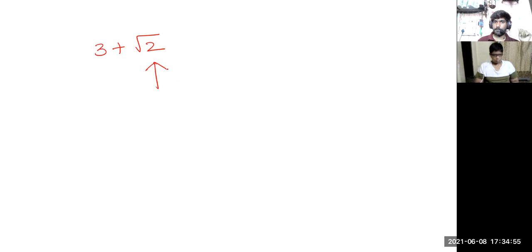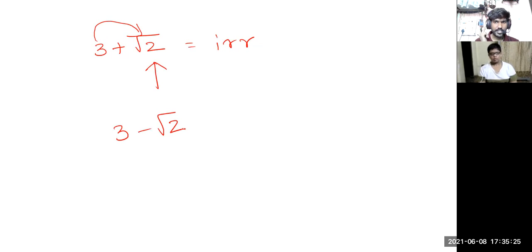Now, if you add any number to an irrational number, it will still be irrational only. So is 3 plus root 2 rational or irrational? Irrational. What about this? Is it rational or irrational? Irrational. You said irrational, right? Okay.